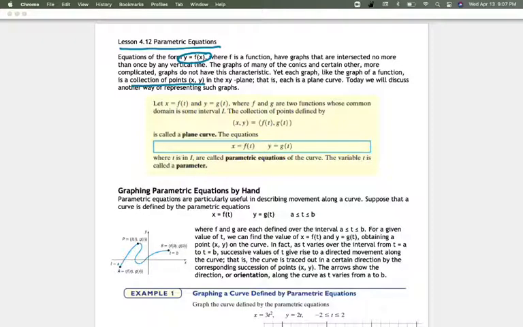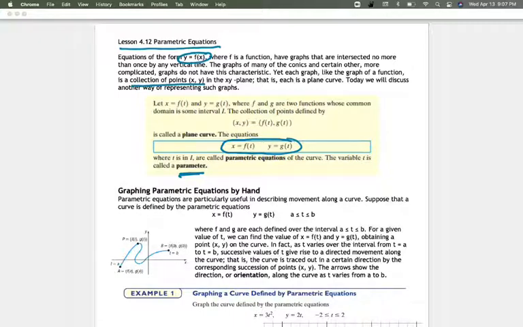What we're going to do today is find a way to graph this in our calculator, using something called parametric equations, where we have a parameter. You're going to look at x horizontally and y vertically, seeing how x relates to a function of time and how y relates to a function of time.